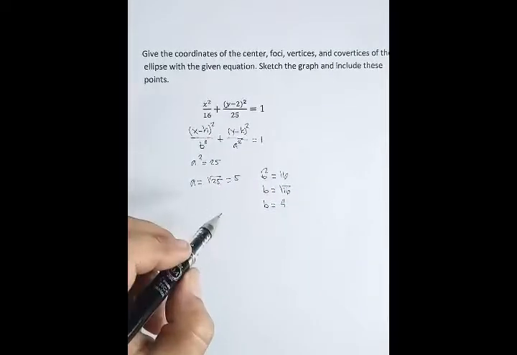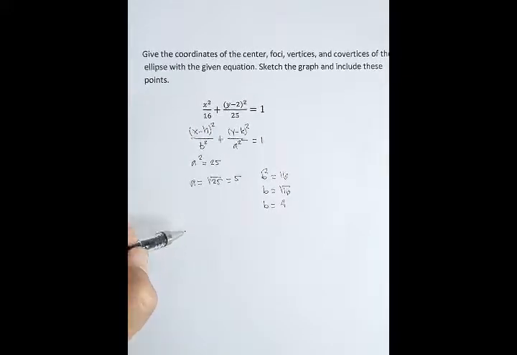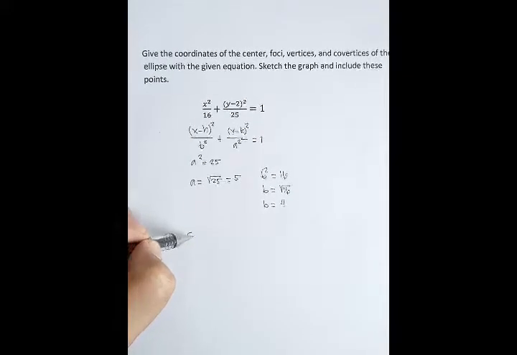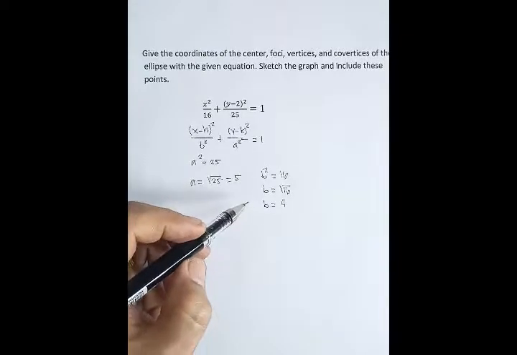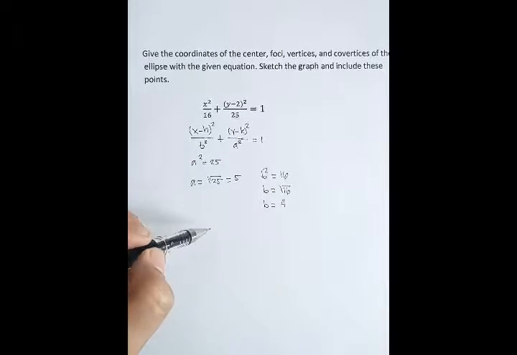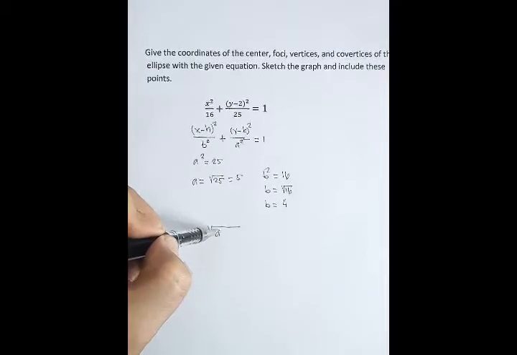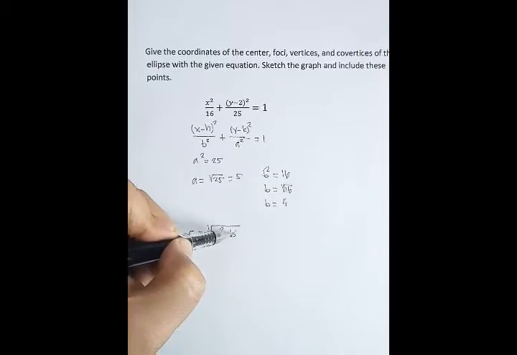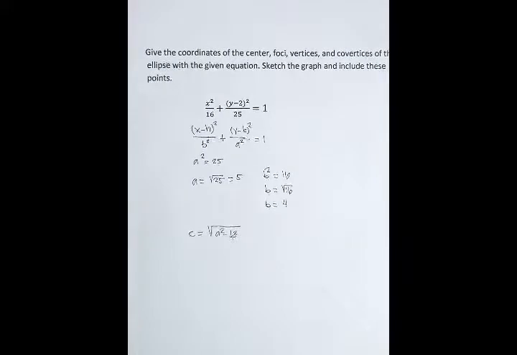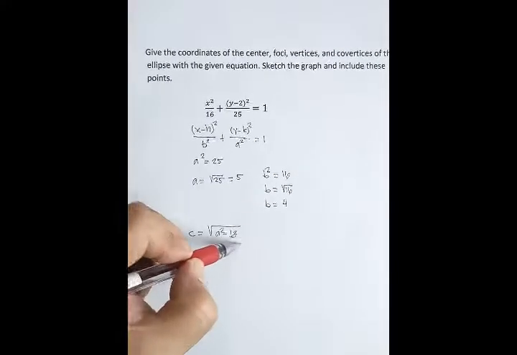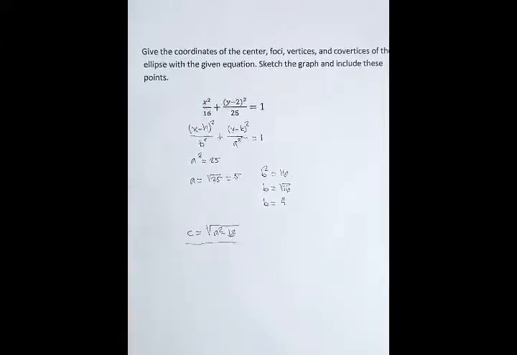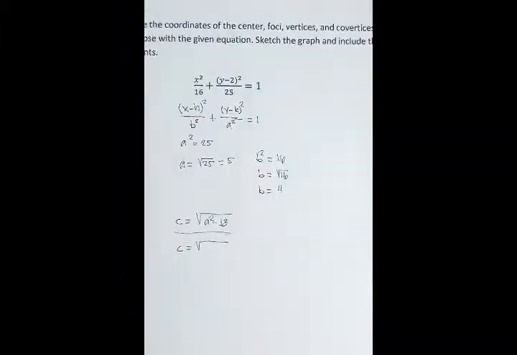How about our c? Okay, in solving for c, the formula is c is equal to the square root of a squared minus b squared.